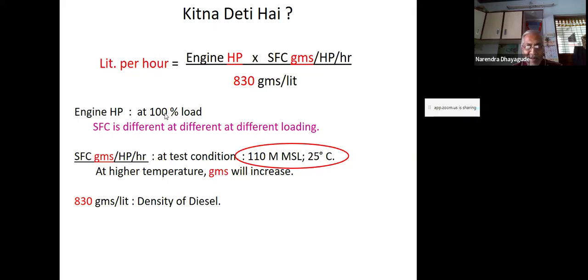But suppose there is a holiday, on Sunday there is no work. But if there is no work, that does not mean that I cannot eat anything. So even at a 25% load, the input is much higher. So the SFC values differ at different loading. So that thing has to be kept in mind.